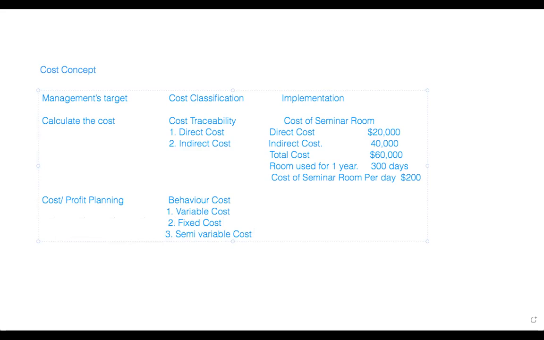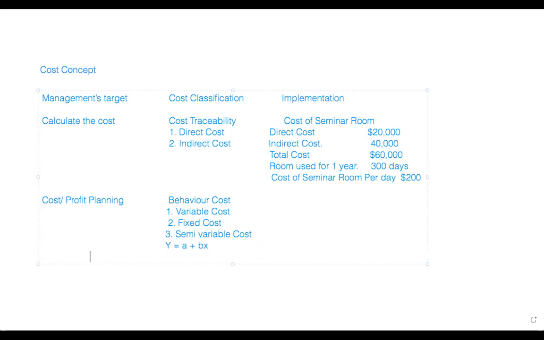In terms of this cost classification, we can easily use a formula in order to find the amount of the cost, y = a + bx.